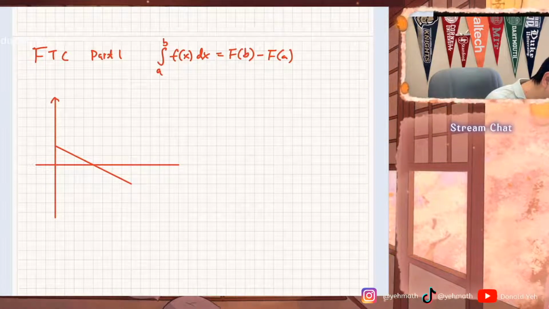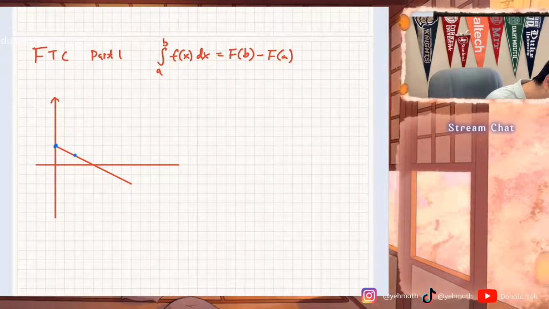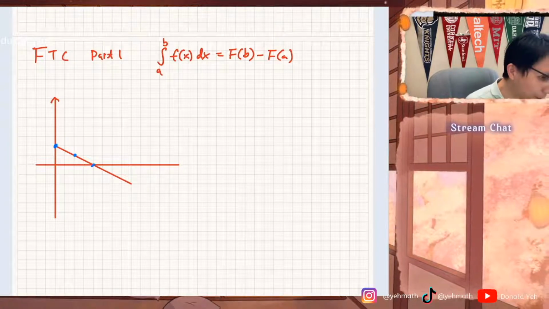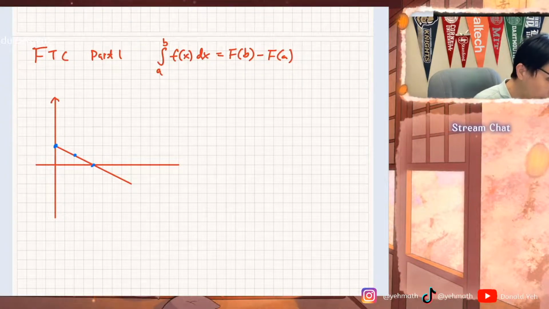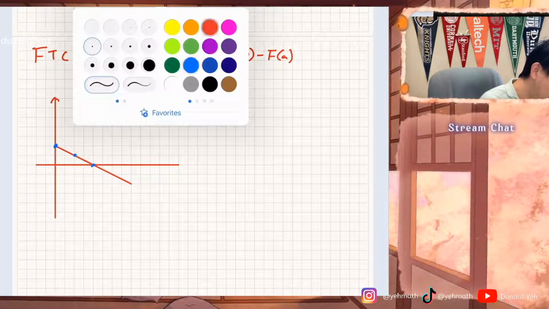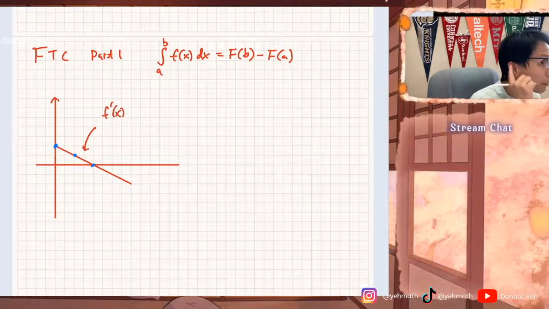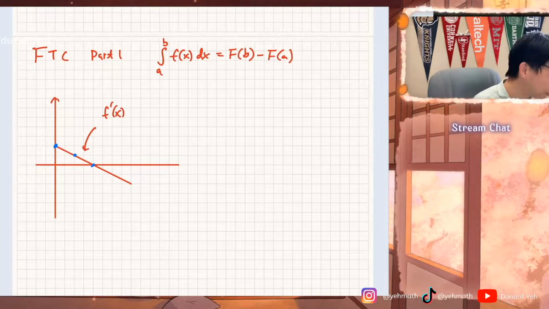I have this graph here. With that being said, I'm going to name this function f prime of x. F prime of x. Got it?